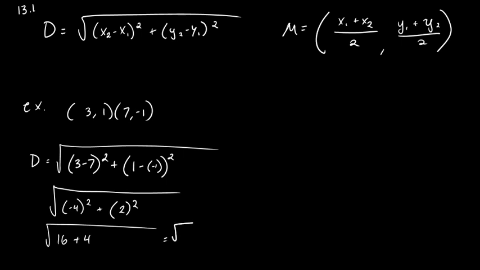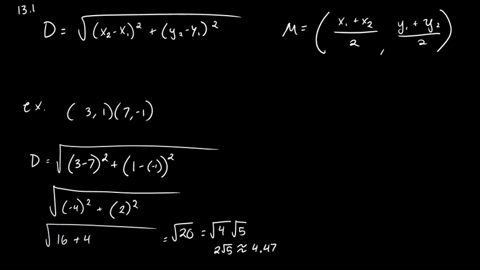This comes out to the square root of 20. And I do know that the square root of 20 is about 4.5. However, I did a little bit of review and told you guys that this could break into the square root of 4 times the square root of 5, which is 2 radical 5. But I would probably ask you guys to round and give me 4.47.